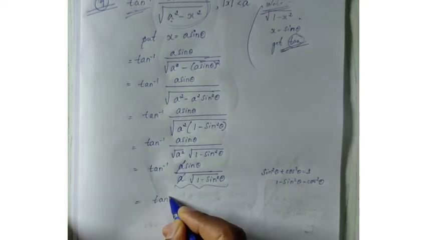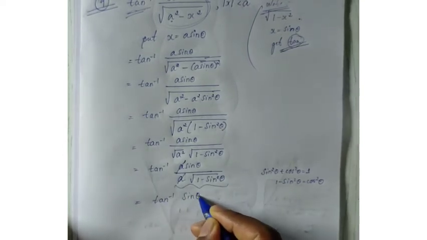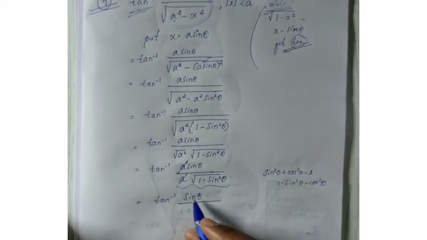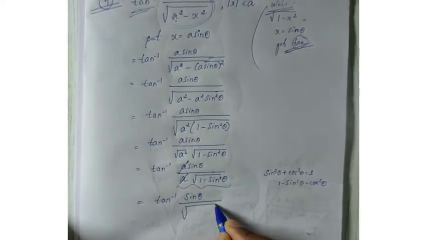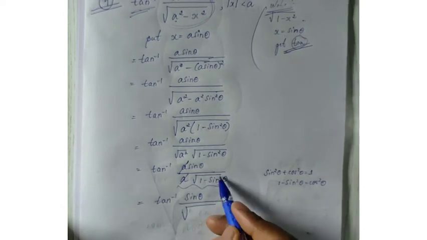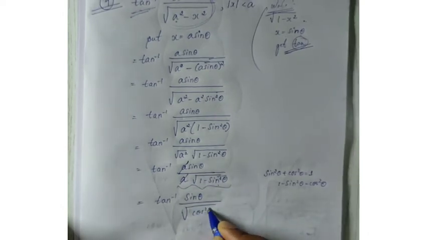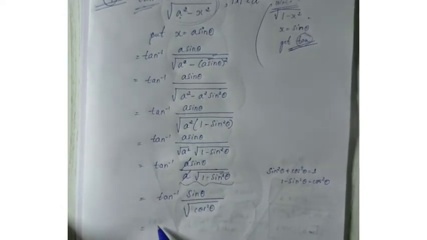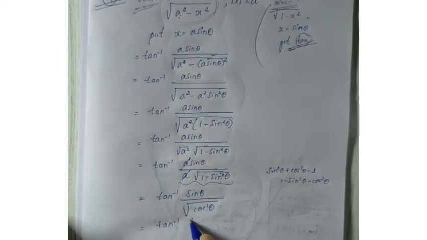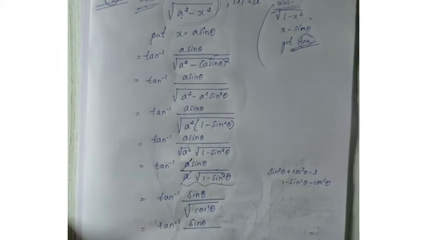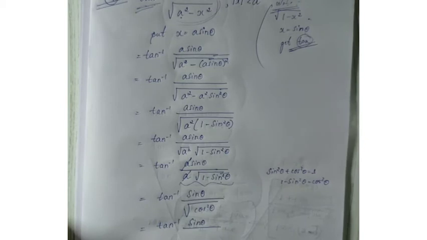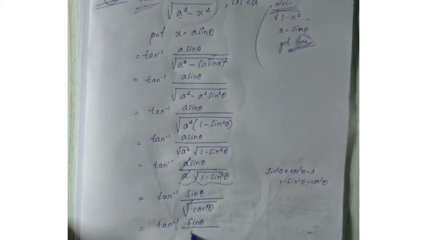Therefore, tan inverse of sine theta divided by root cos square theta. The square root and square cancel, therefore the remaining will be cos theta.